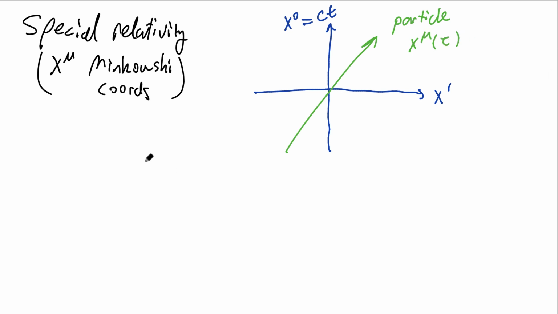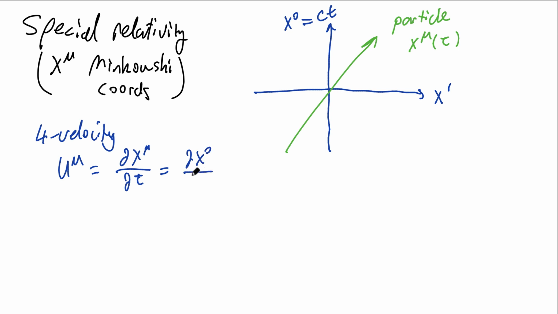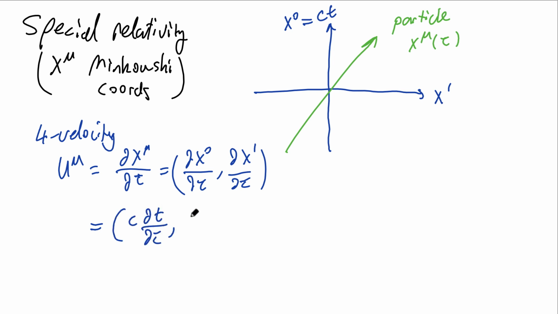And now the forward velocity of the particle is defined as always as the partial of x^μ(τ) with respect to τ. And we can write this as partial x^0 with respect to τ, comma, partial x^1 with respect to τ. And because x^0 is c times t, we can write this as c times partial t with respect to τ, comma, partial x^1 with respect to τ.